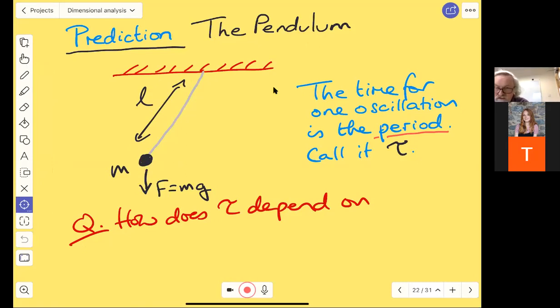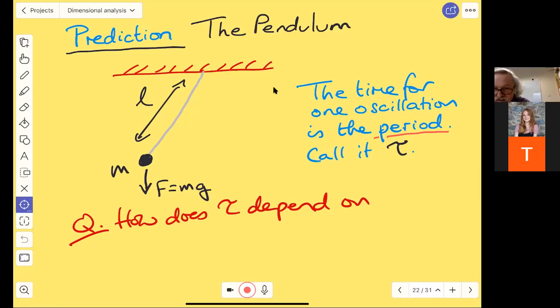And of course, it would be different if you were on Earth with the acceleration due to gravity that's around us now, or if you were, say, on the moon with a much smaller acceleration due to gravity. So we have these 3 variables: mass, length of pendulum, and acceleration due to gravity.